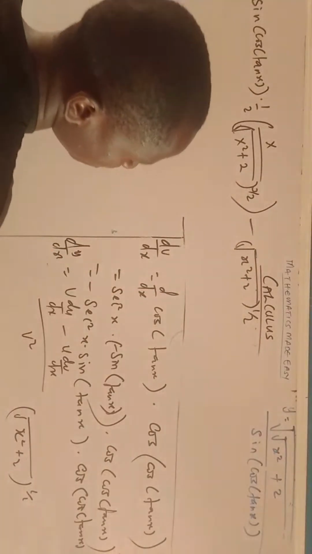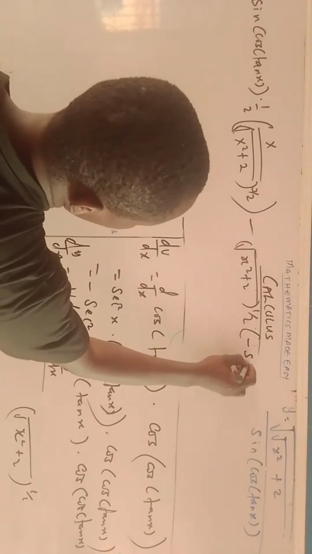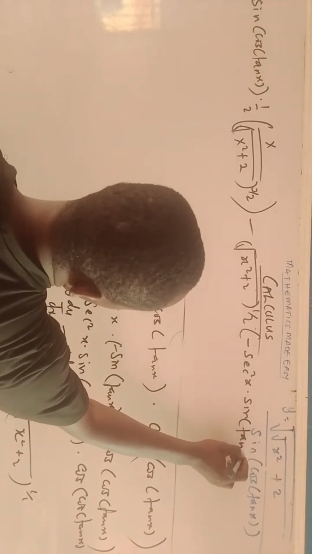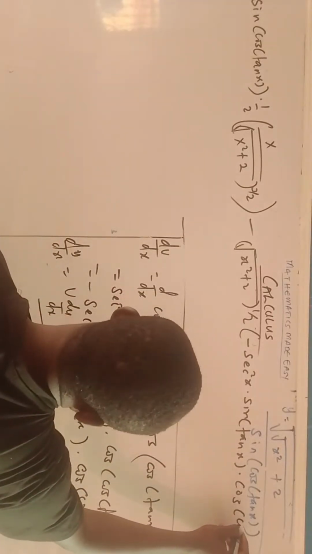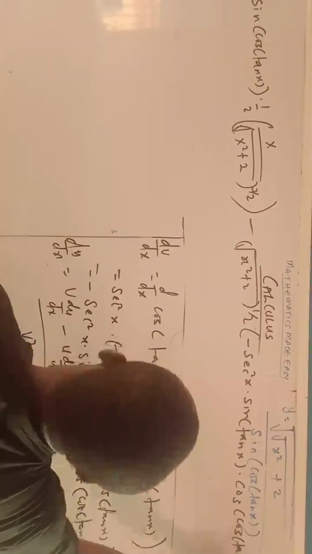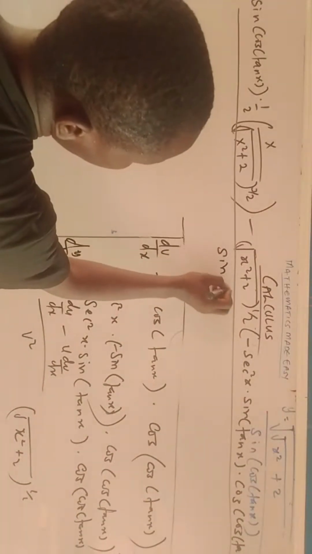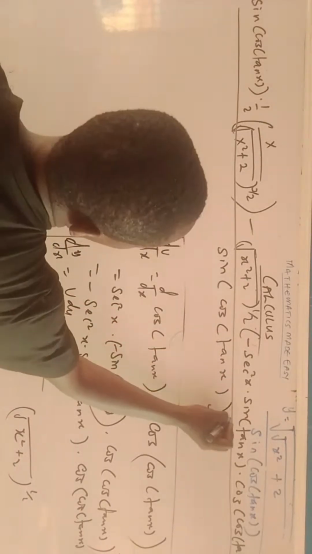So multiply by dv dx. What's our dv dx? This is our dv dx, which is negative sec square x multiply by sine tan x, cos tan x. Then everything over v, that is, we have sine of cos of tan x.